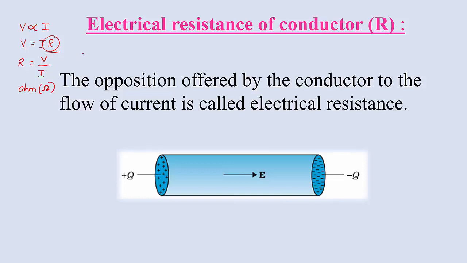So resistance in general means opposition to the flow of current, or when electrons are flowing in a conductor due to potential difference, for that flow of electrons, some collisions occur inside the conductor. See here, you can observe this diagram. I am going to consider a metallic conductor. So we know that in a metallic conductor, charge carriers are electrons.